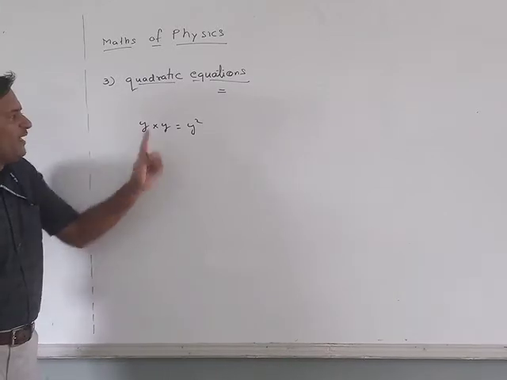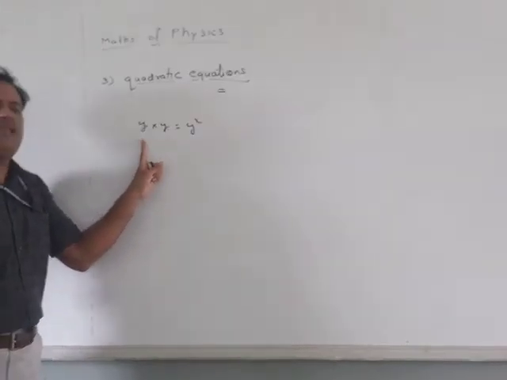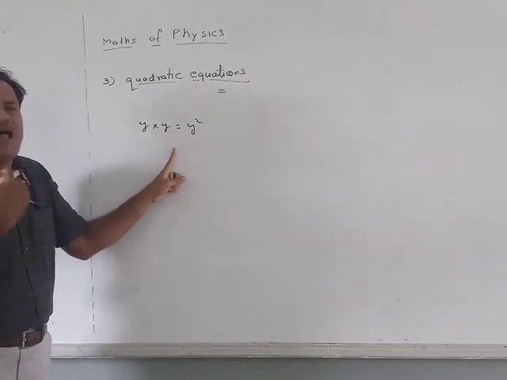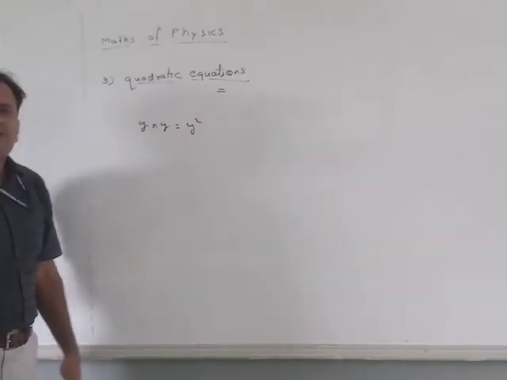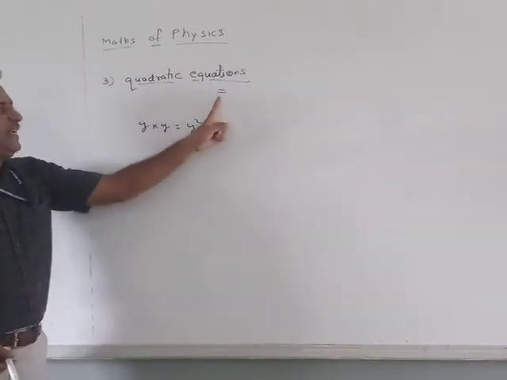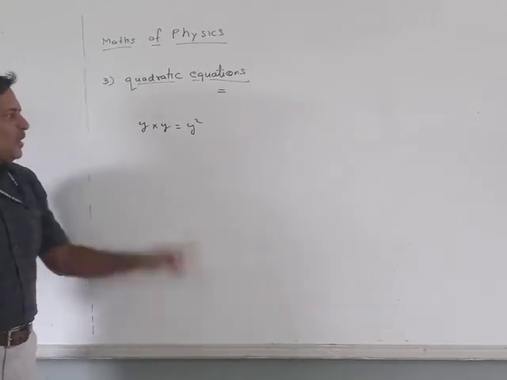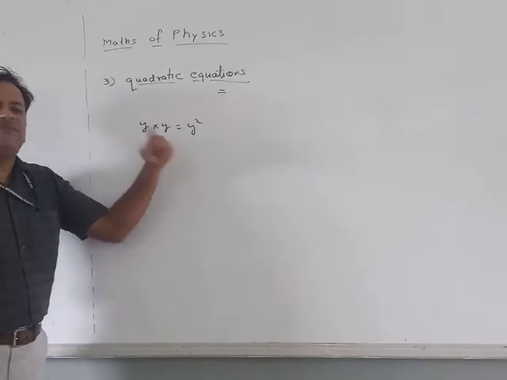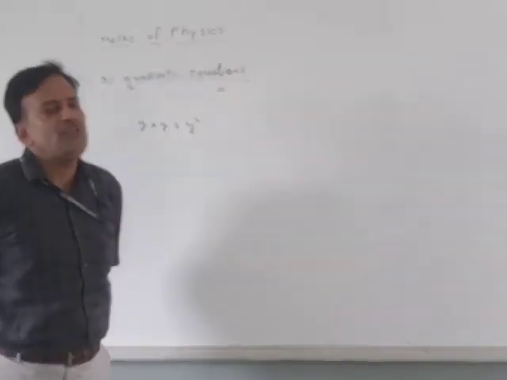So a number multiplied with the same number or a variable multiplied with the same variable is known as quadra. Got it? So the quadratic equation means an equation which has an equal to sign and in which one number is multiplied with itself. This is what quadratic equation actually means.